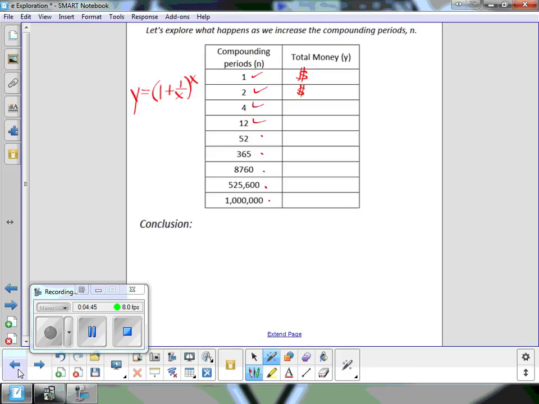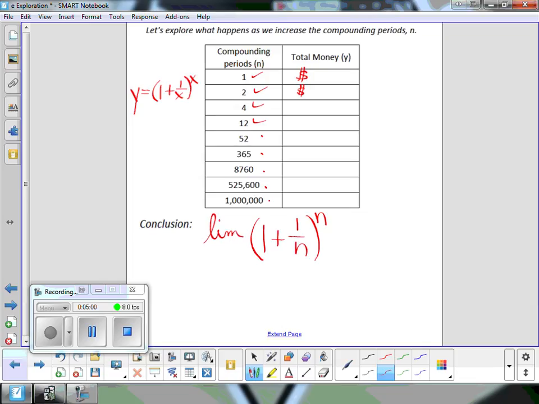The conclusion is, and this is a calculus concept that I'm going to throw at you here, what we have here is known as 1 plus 1 over n to the nth power. In this formula, we have something called a limit. We've talked about the concept of a limit before, but we've never seen this notation.